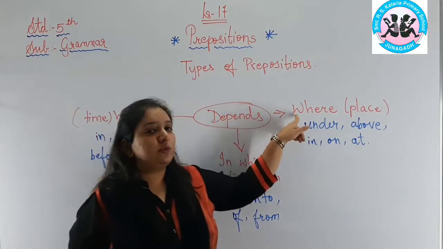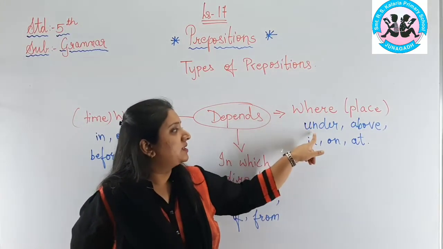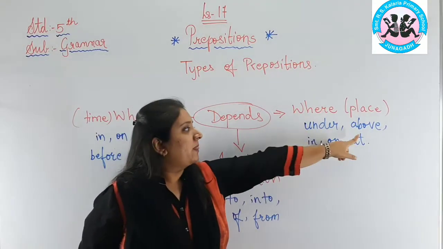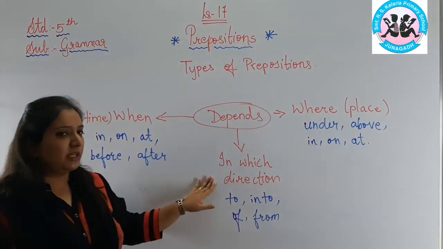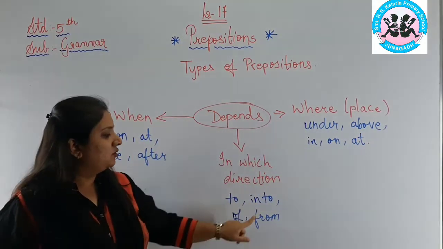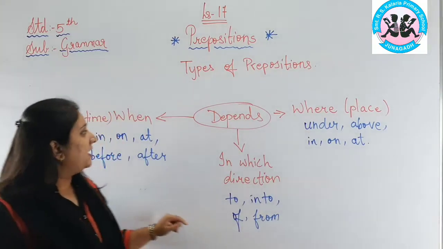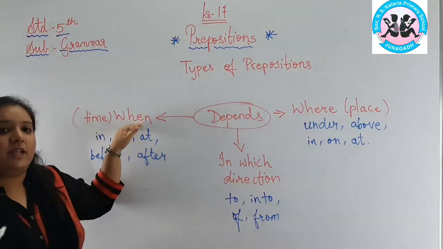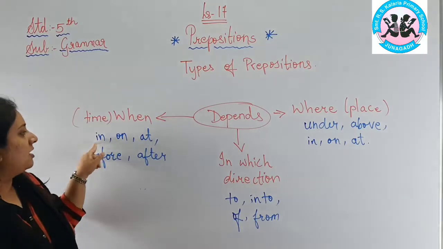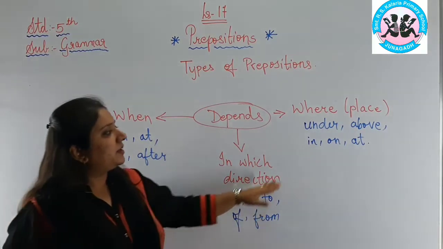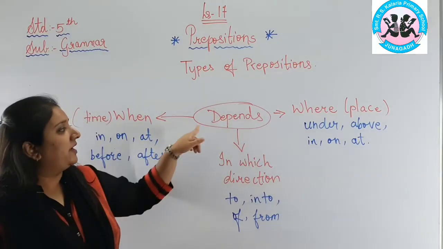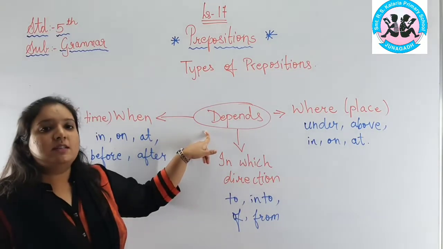If you are talking about place, we will say under the table, above the sea, in the cupboard. If we are talking about directions, we will say to, into, of, from. And if we are talking about the time when it took place, we will say in, on, at, before and after. So we use prepositions depending upon the statement.